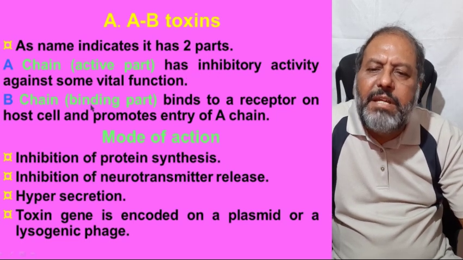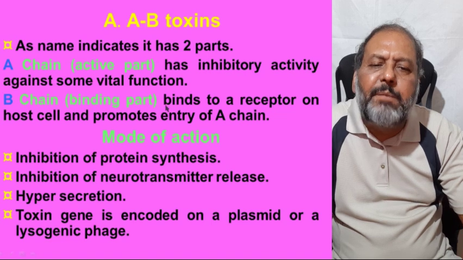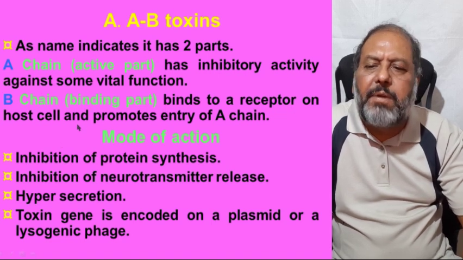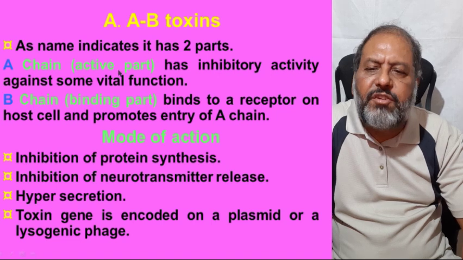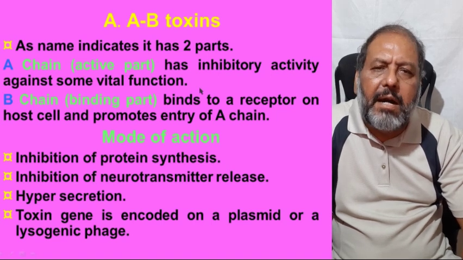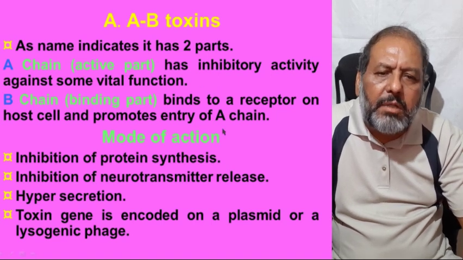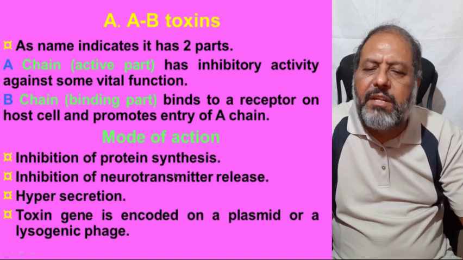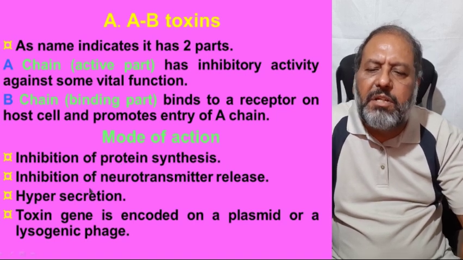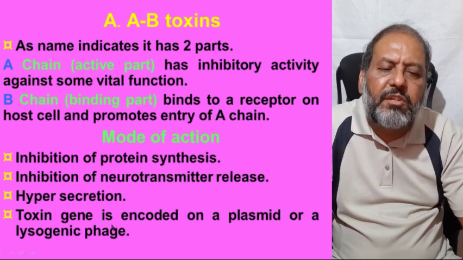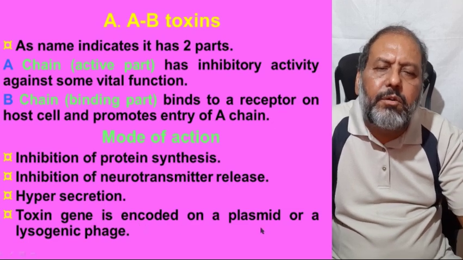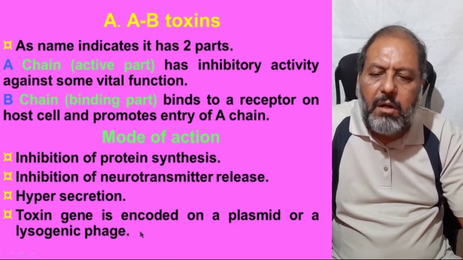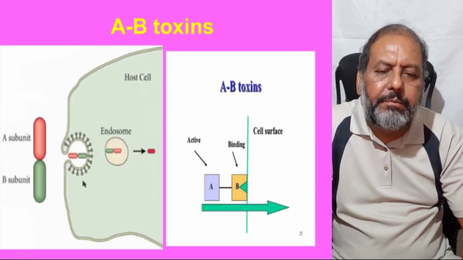The other is the B chain, the binding part. It binds to the receptor on the host cell and promotes the entry of the A chain, which is the active part, to cause damage to the host cell. Mode of action is inhibition of protein synthesis, inhibition of neurotransmitter release, and hypersecretion. The toxin gene is encoded on a plasmid or a lysogenic phage.